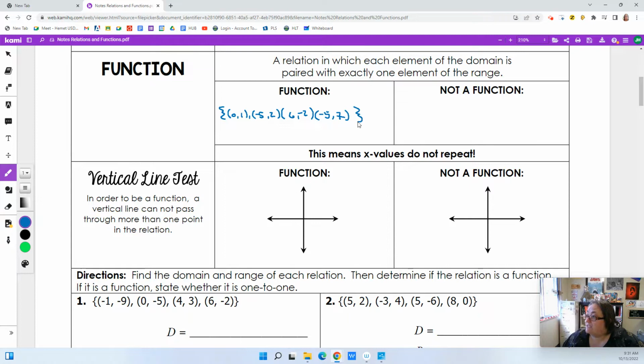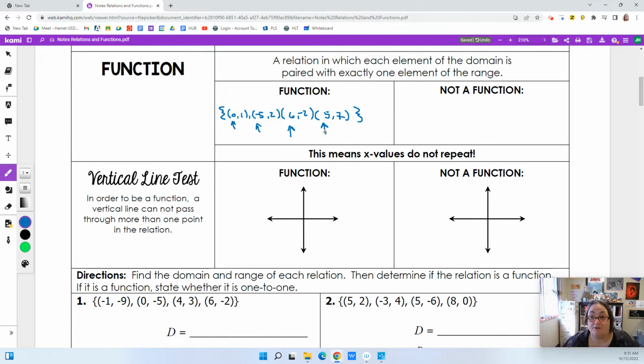If I looked at this to know if a set of points was a function, all I have to do is look at the X values. If none of my X values repeat, then I have a function.